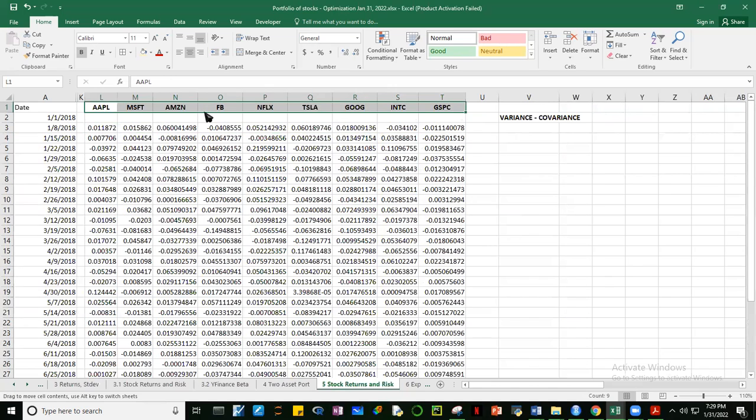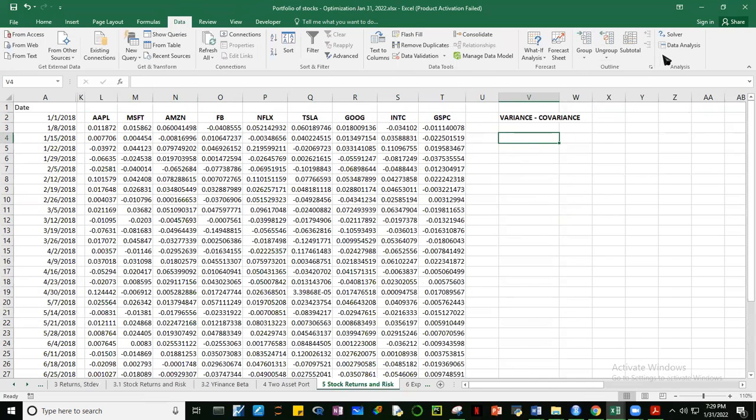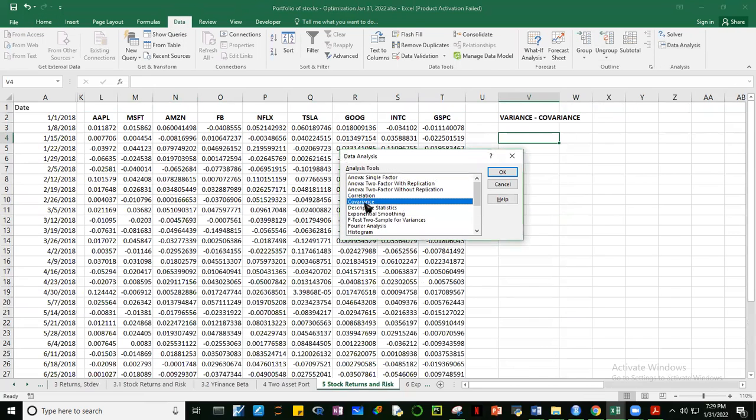As a preliminary, guys, since we still have a few minutes, let's compute for the variance covariance. Let me just show you a quick way to do this. Again, Data, Data Analysis, Covariance.